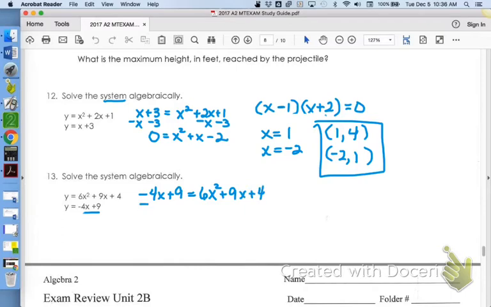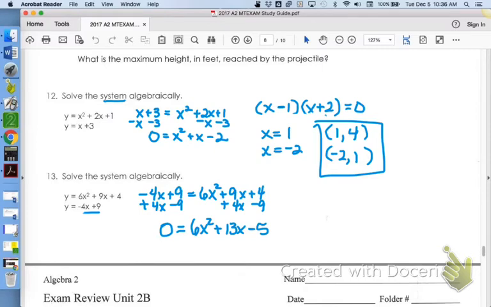I'm going to move 4x and my 9 by inversing them. And my new equivalent equation is 6x squared plus 13x minus 5, and that's equal to 0.